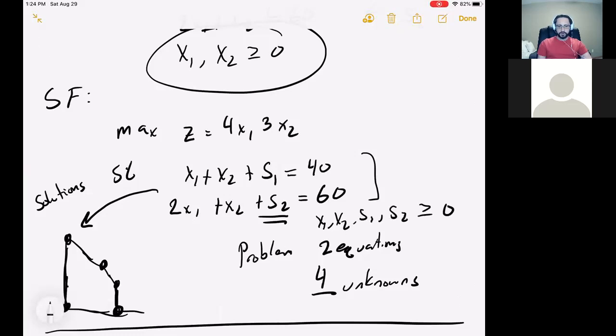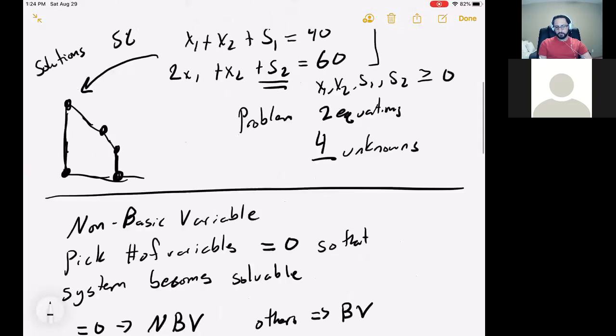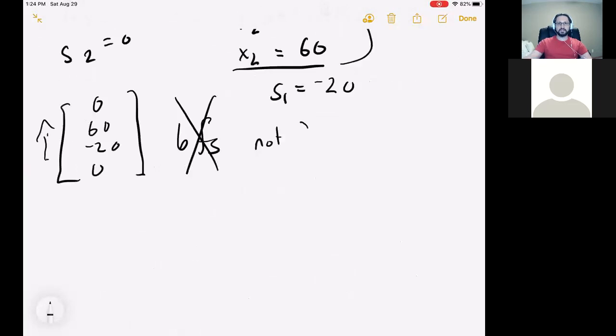So this solution that I found is actually not feasible, and therefore can't be used in the simplex method. So make sure that if you are attempting to find a basic feasible solution, you verify that the sign of all of the variables is non-negative.